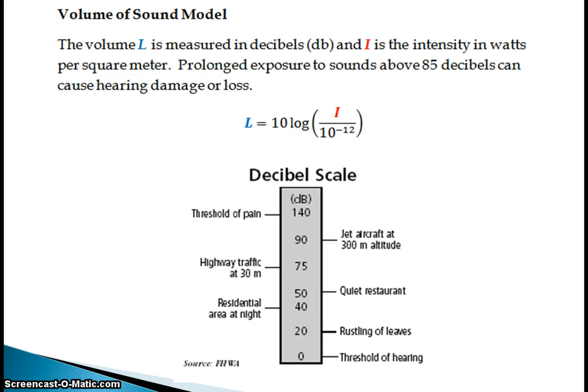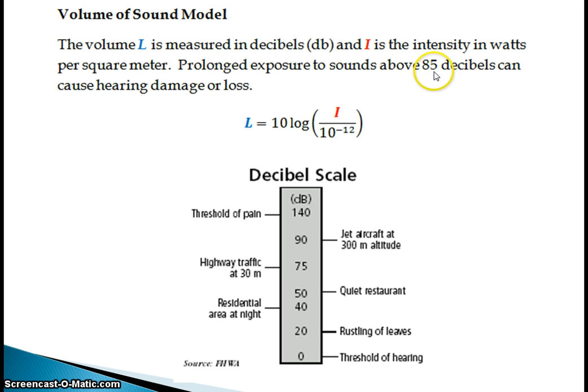Logarithms are also used to measure the volume of sound. In this formula, L, the volume of sound, is measured in decibels. You probably already know that decibel is a measure of sound. If you look at this equation, you see that L is the volume of sound, and I is the intensity of that sound in watts per square meter.